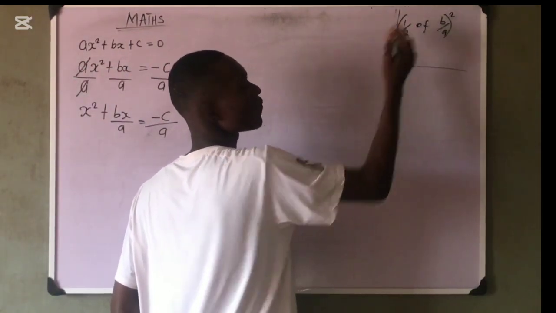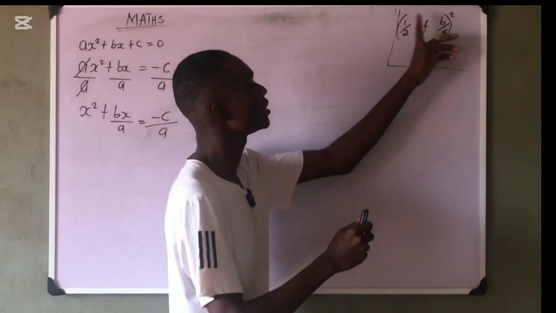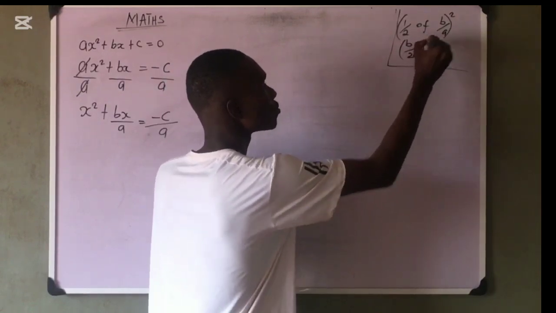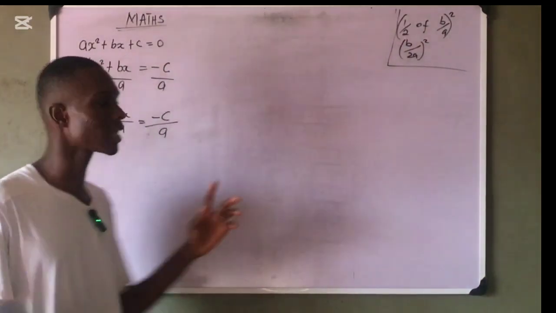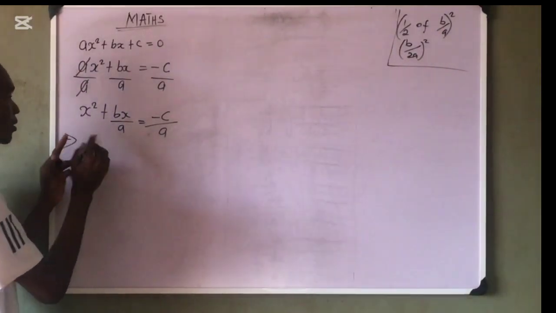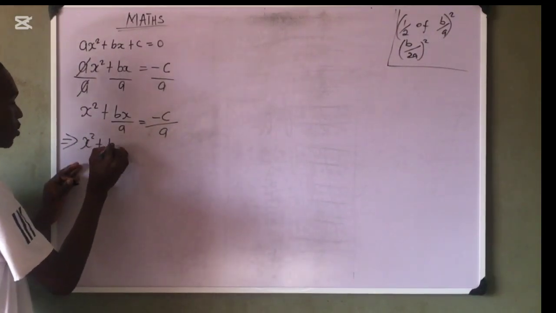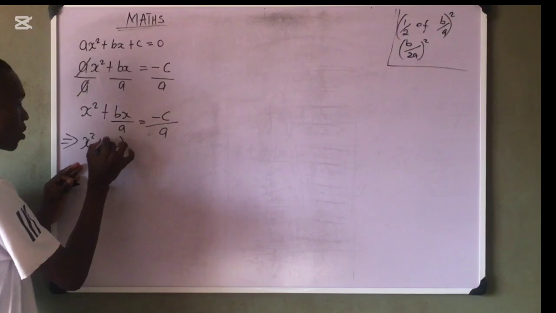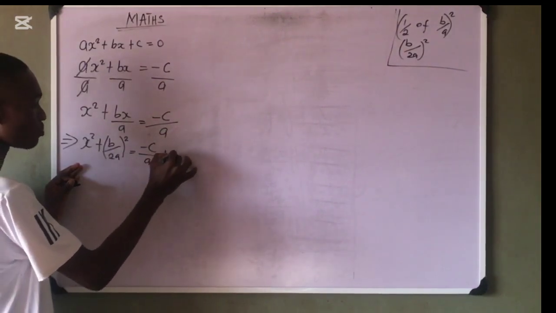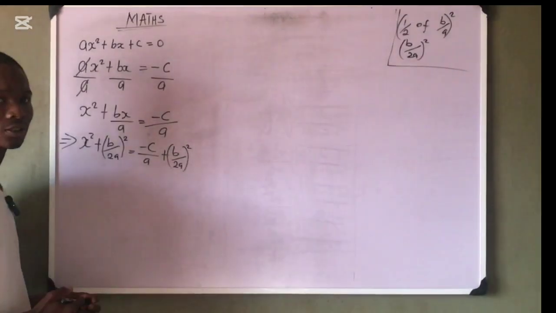Half in multiplication is times, so I will multiply these to have b over 2a all squared. I will add this to both sides of the equation, so my equation becomes x squared plus bx over a plus b over 2a all squared equal to minus c over a plus b over 2a all squared.